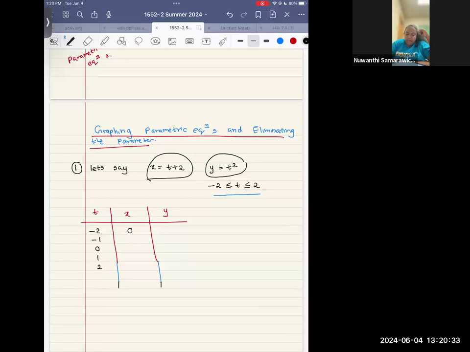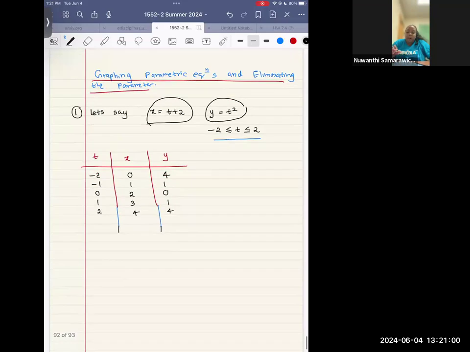Then what is the value of y? 4, yes. Like that, we can fill the table. When t is equal to -1, x is 1, y is 1; then 2, 0; then 3, 1; then 4, 4.